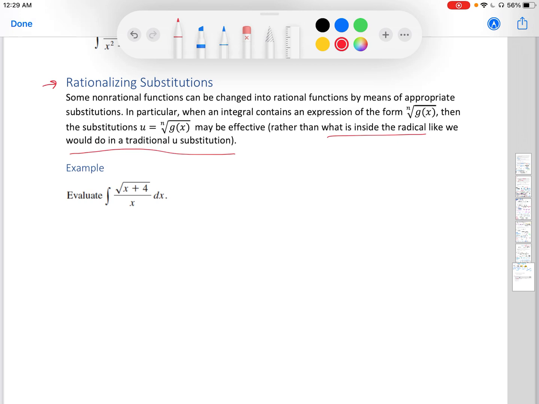All right, so here we have an example. Let's let u equal the square root of x plus 4. That's your first step. Step 2 is to solve for x. So let's go ahead and square both sides. So we have u squared equals x plus 4.